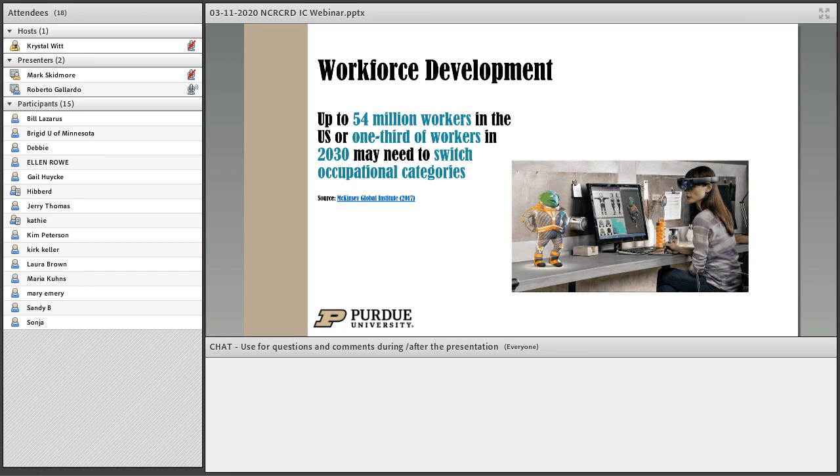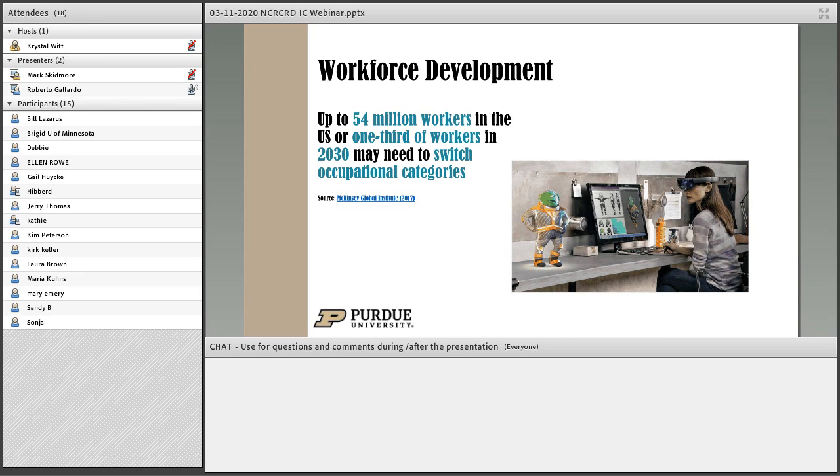1/3 of U.S. workers are expected to shift occupational categories in 10 years. If your local community does not have adequate connectivity, or workers do not have the basic foundational digital skills, they're going to struggle to reskill. And that's important because, again, 1/3 are going to be displaced and are going to have to shift occupations.